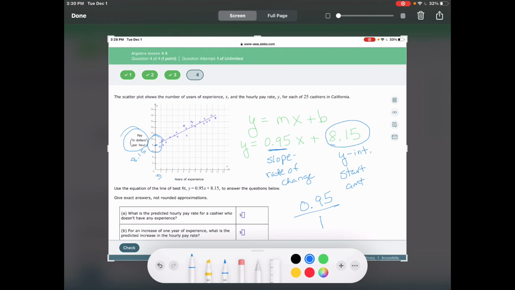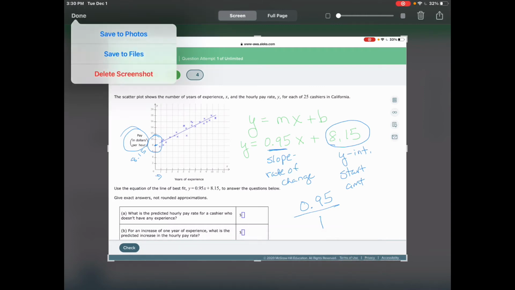We're going to rise and run. Okay, the decimals got me thinking, so I will stop here and go back to the other screen so we can look at this.